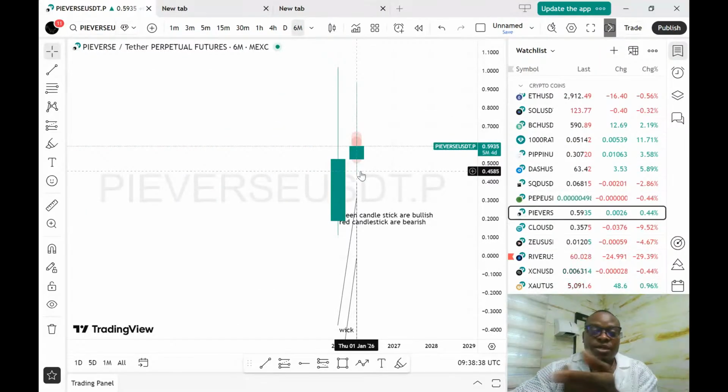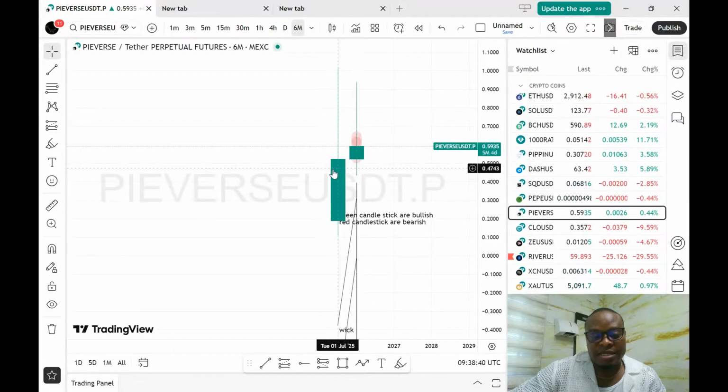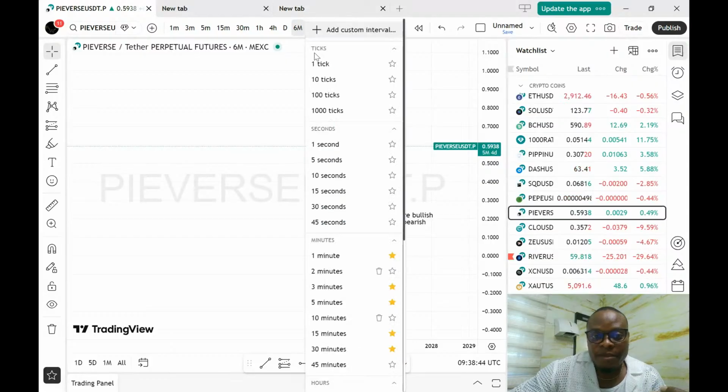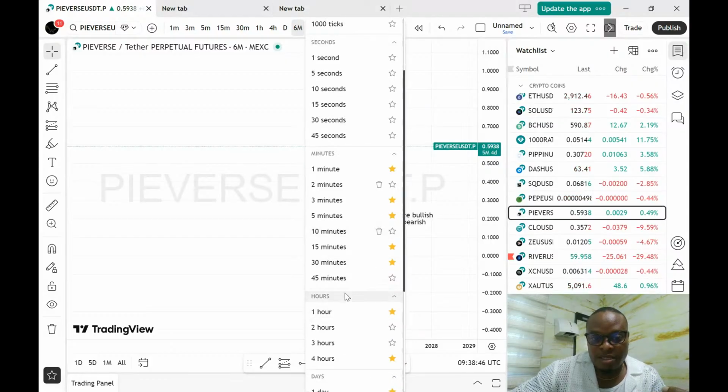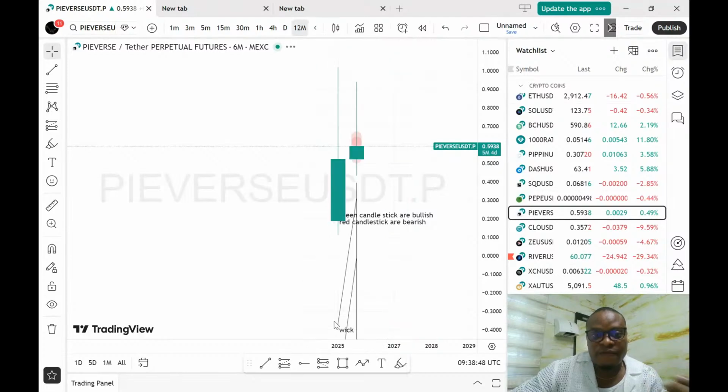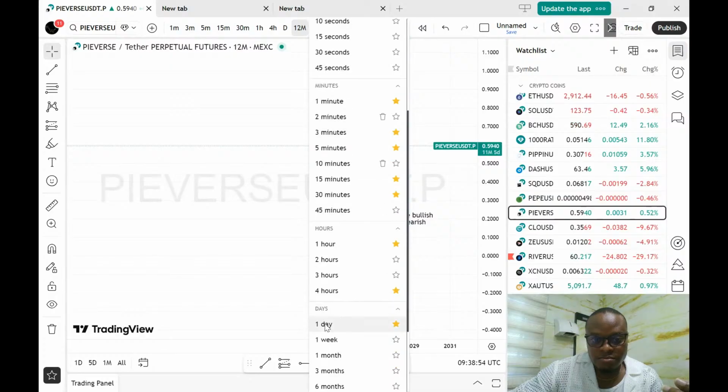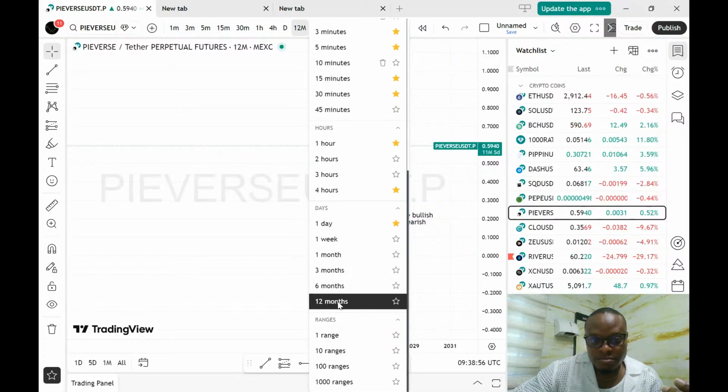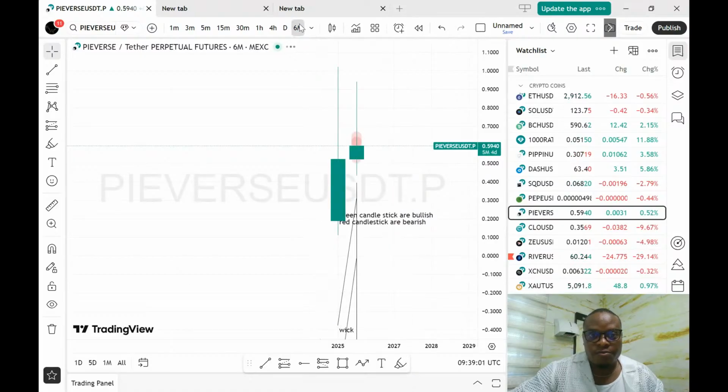Okay, 6 months is three each. Look at it here. Three candlesticks and three candlesticks. If I make it a 1 year, you will just see 12 months. Okay, that 12 months, no, it's not clickable. This one does not have the 1 year, it did not show.